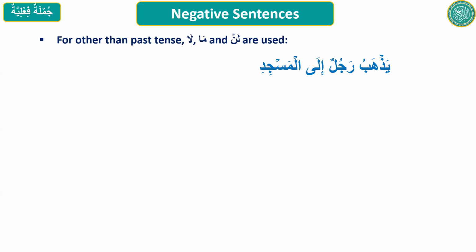Yazhabu means present. And it could also mean future. A man will go to the masjid. So what are the two meanings then? A man goes to the masjid and a man will go to the masjid.